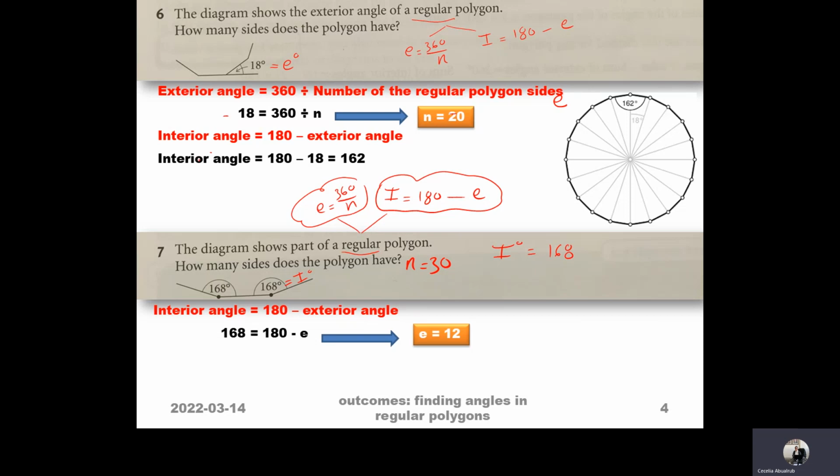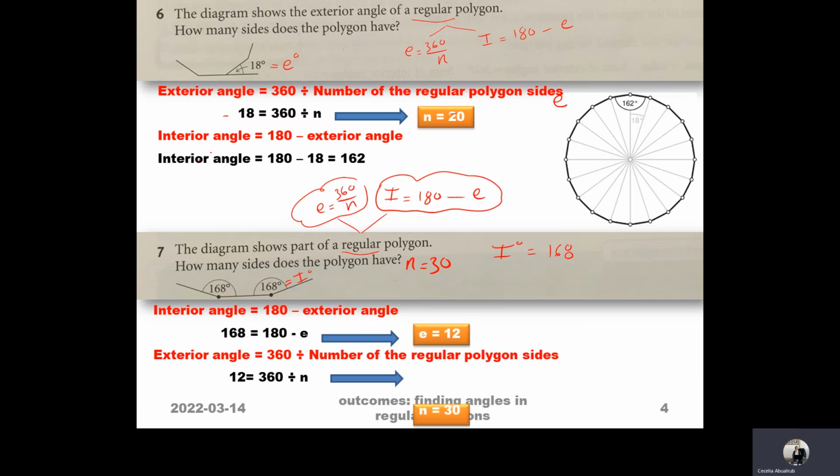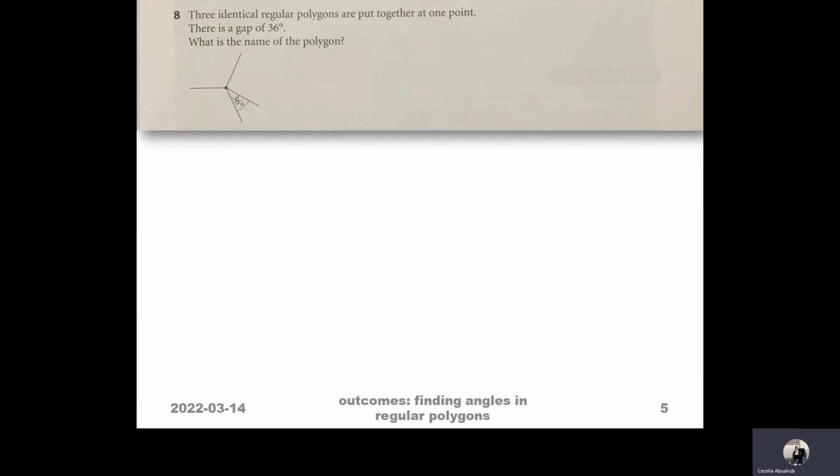Now, the second formula that you should always remember when it comes to regular polygons: E is equal to 360 divided by n, or we can say 360 over n. So in order to calculate for n, you're going to cross multiply, and accordingly, the n will come down to 30 sides.